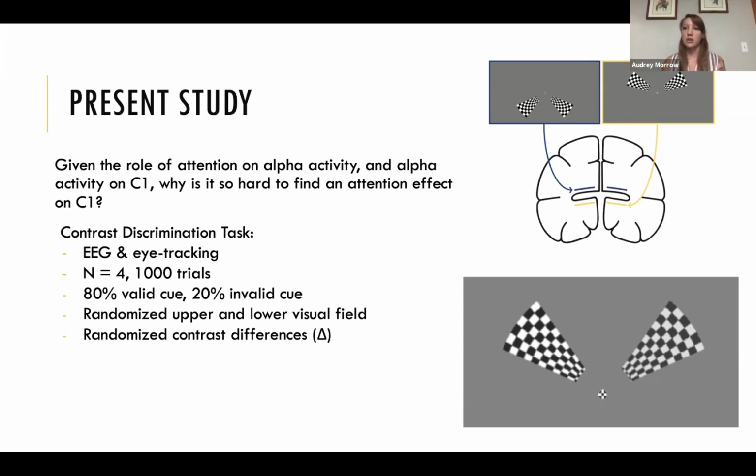I'm not actually sure what level of contrast they had it set to, but I know it was pretty high, and we did see that the spontaneous alpha modulated C1, but perhaps during attention, it could be modulated differently. So maybe reducing it would also help reduce some of that afterimage effect, and we could parse that out a little bit better. Yeah, great. Like having both of them set to lower contrast levels overall.